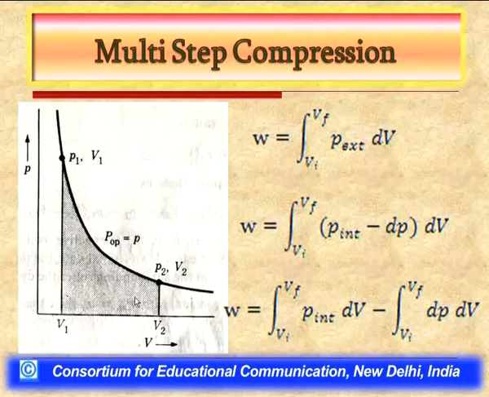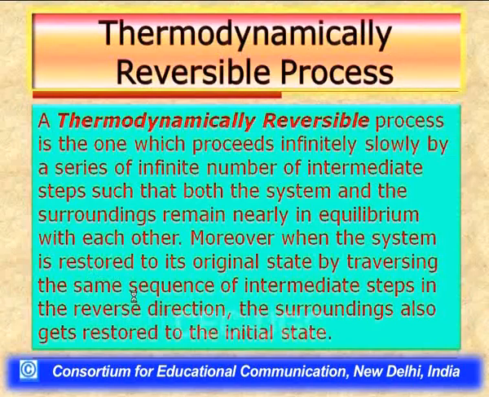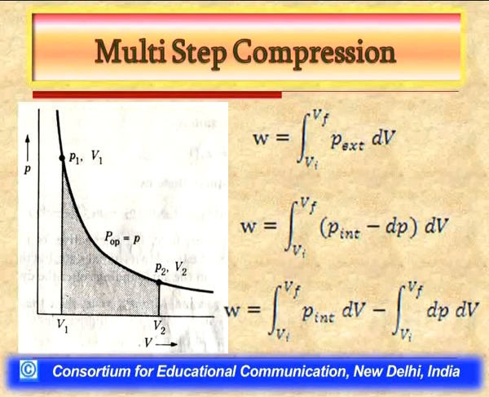And over here you can see this shaded area that represents the work involved in the compression process during the multi-step compression is exactly the same as the work which was produced in the expansion process if that work was done in a large, infinite number of steps, that is multi-step expansion or multi-step compression.